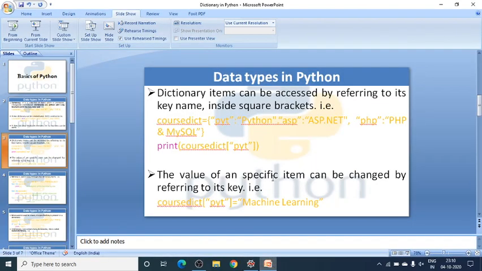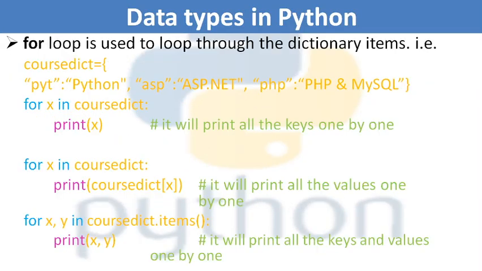Now get back to our presentation. So for loop, how we can access all the elements. We can access using keys, we can access just the key, we can access just the value, and we can access both keys and values as well. So to access the key, we'll just use for x in course dict, and it will print all the keys. So let us take it on the IDE.